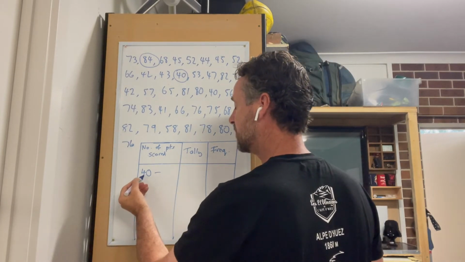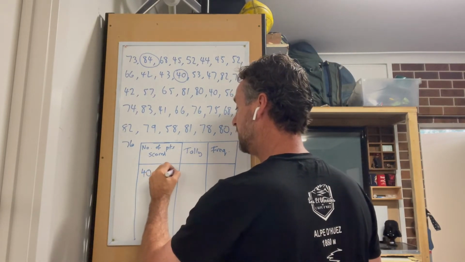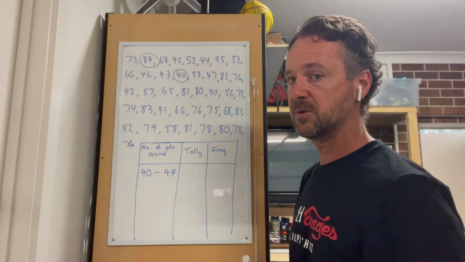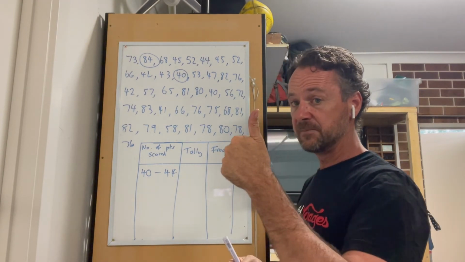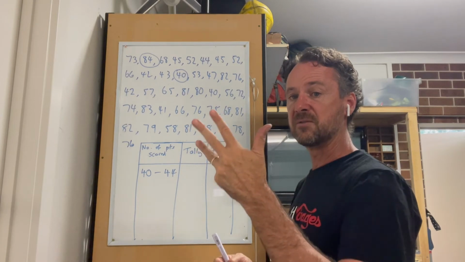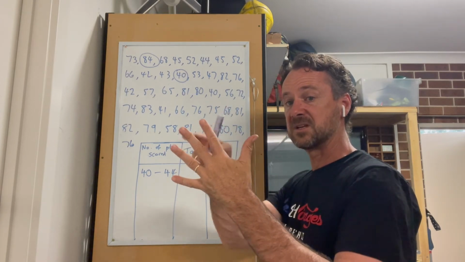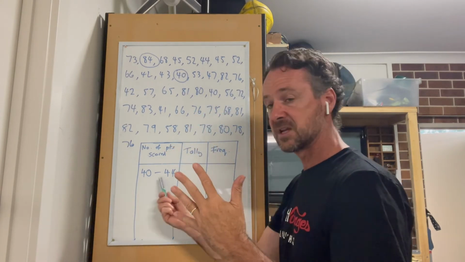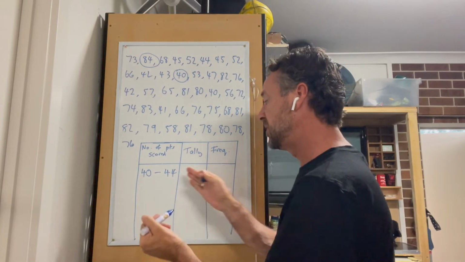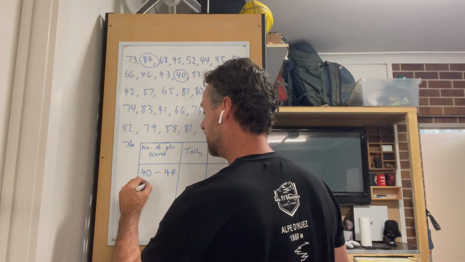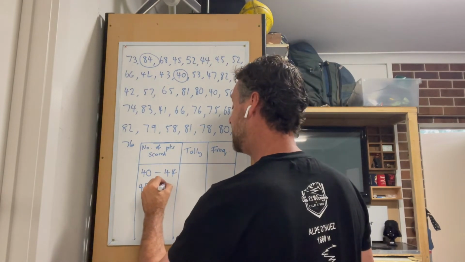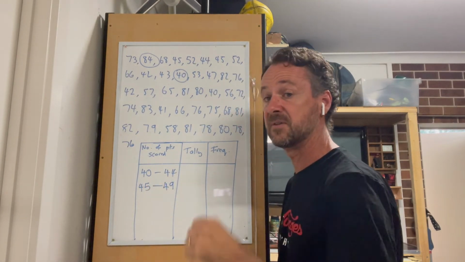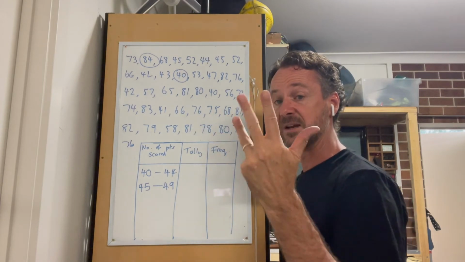So 40 up to 44. Now, I know some of you are thinking, oh, but that's plus 5. No. 40, 41, 42, 43, 44, so that gives us 5 numbers that fall in there. Then the next one will be 45 up to 49: 45, 46, 47, 48, 49.